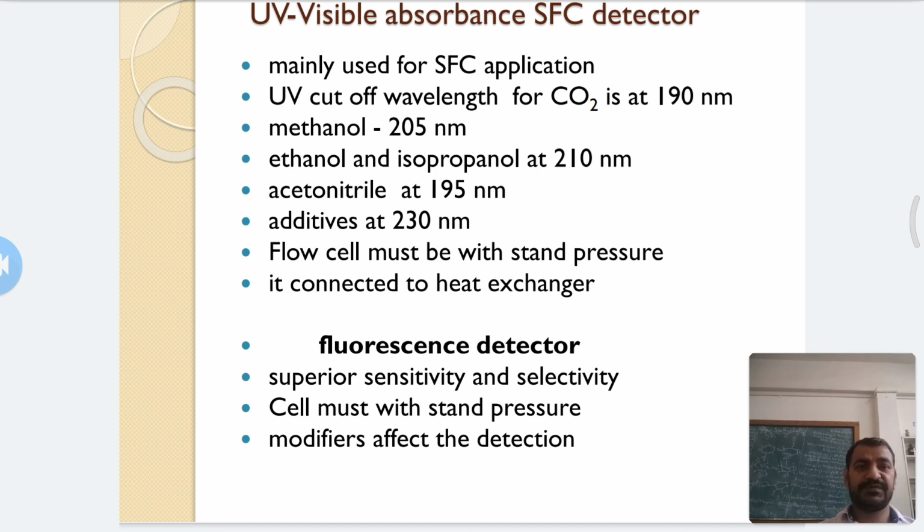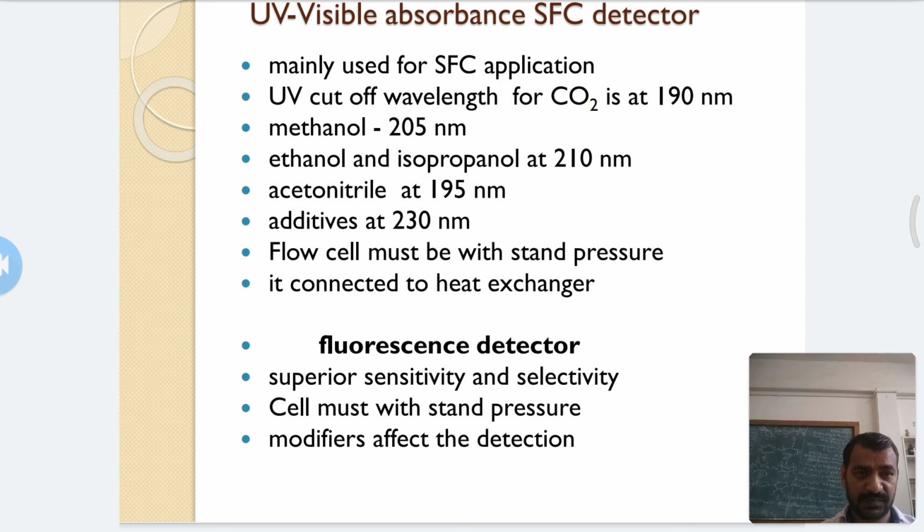Methanol absorbs at 205 nanometers, ethanol and isopropanol absorb at 210 nanometers, and acetonitrile absorbs UV visible light at 195 nanometers.